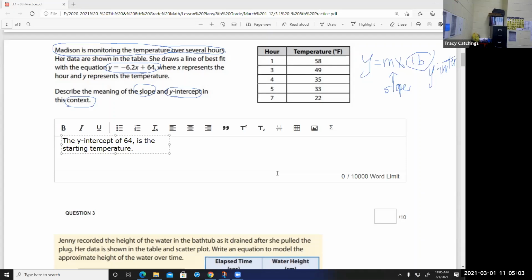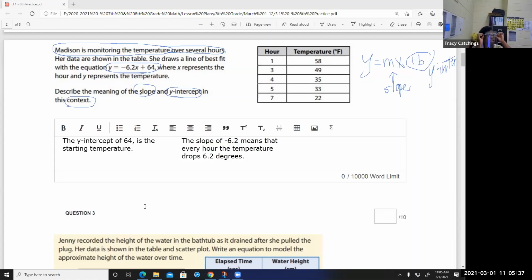Negative 6.2. What does that tell us? Good job. Every hour is dropping 6.2 degrees. And we can say drop because we know it was negative slope, so that means that it is decreasing.